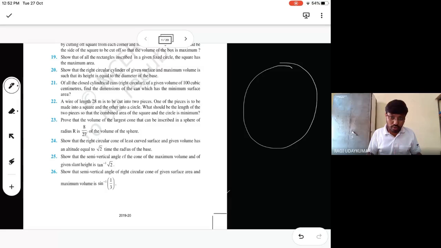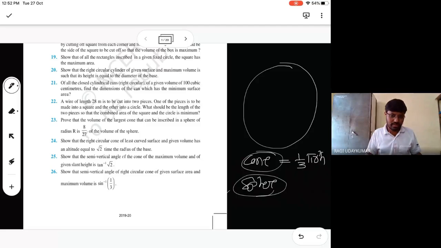So one sphere is there. Here the basic requirement is that you need to know the formulas, the volume of the cone and the volume of the sphere. The cone volume formula is 1 by 3 pi r square h.